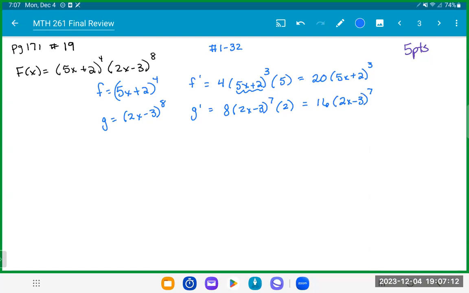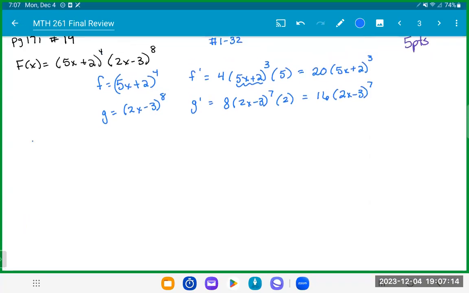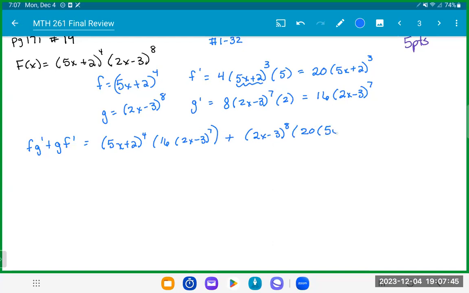Okay, so now it's just the good old product rule, where we have our f g prime plus g f prime. And so that is going to be 5x plus 2 to the 4 times 16 times 2x minus 3 to the 7th, plus our g, which is 2x minus 3 to the 8th times 20 times 5x plus 2 to the 3rd.